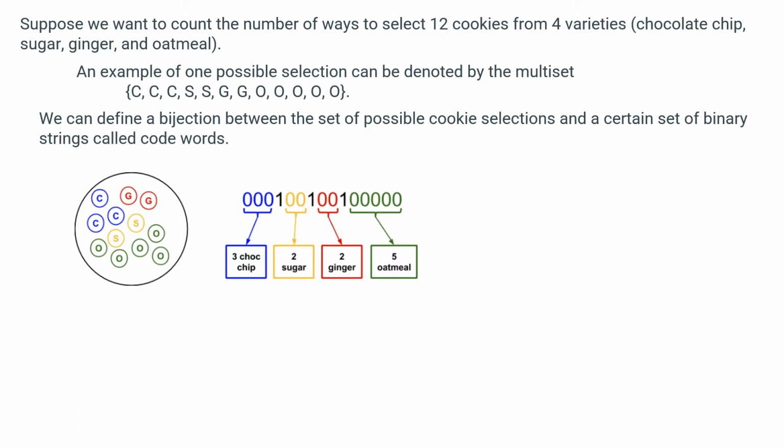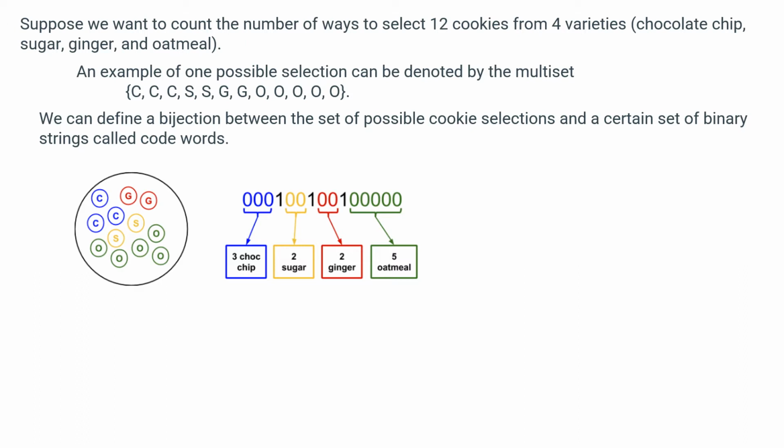So we would have some sort of order established, usually just the order in which they were first told to us. Here in the first sentence, we have the chocolate chip listed first, and then the sugar, ginger, and oatmeal. So we're going to stick with that order in coming up with this binary string.